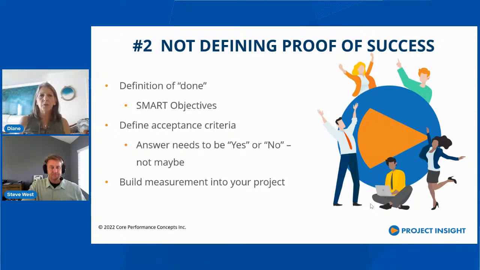Absolutely, because they want to get a new system in place. I'll use an example. Let's just implement Project Insight. Nobody's going to take advantage of every feature in Project Insight day one. So what you have to do is say, okay, what's our biggest problem right now? And how can a project management software help us?